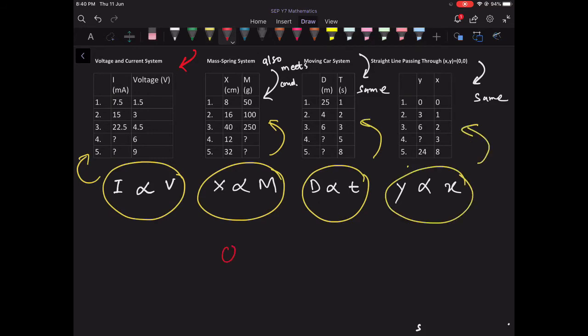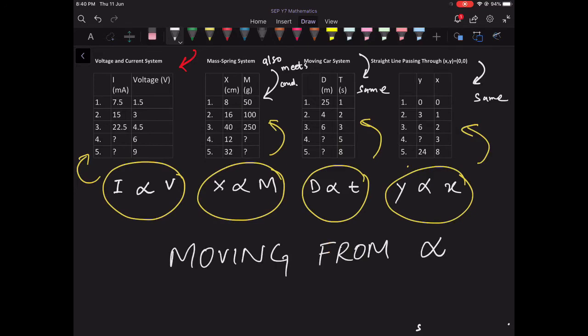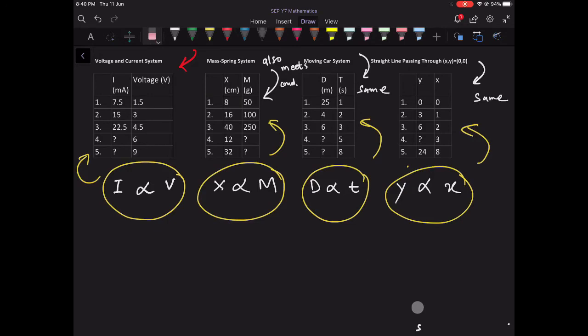There is, however, one more tiny step to go before we can make use of these proportionalities, and that is converting these proportionalities into equations. We shall replace the proportionality sign with an equal to sign. To create an equation from a proportionality, we have to replace the proportionality sign with an equal to sign and a constant.